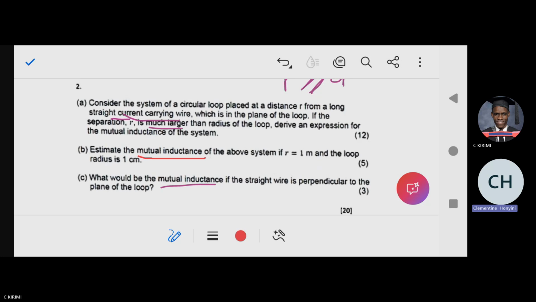What are you given? You are given the value of, if the radius is 1 meter and the loop radius A is 1 centimeter. So that's what we are now doing.